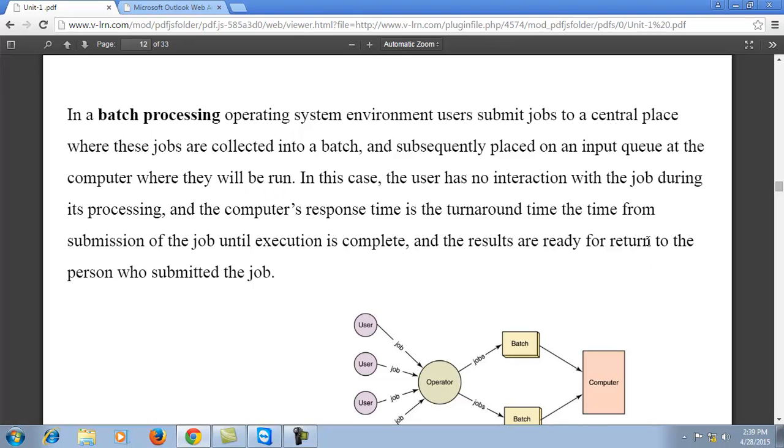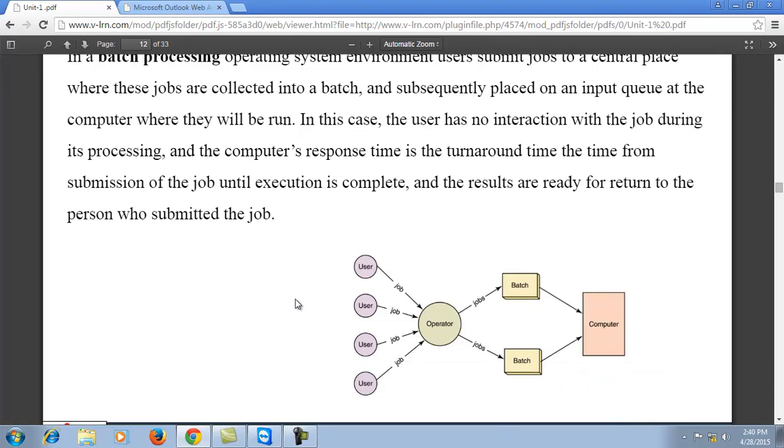In this case, the user has no interaction. All the processing, selection, inputting, outputting, and execution is done by the machine automatically. The user only provides the jobs to the operator, and the operator makes batches of similar kinds of jobs, which are input to the computer for execution.